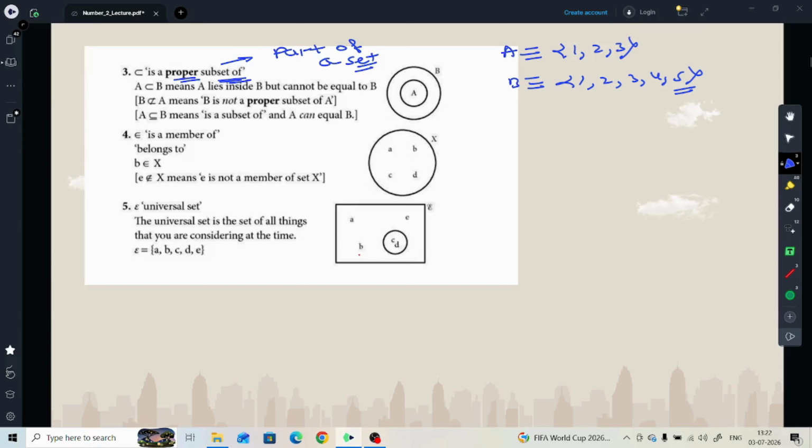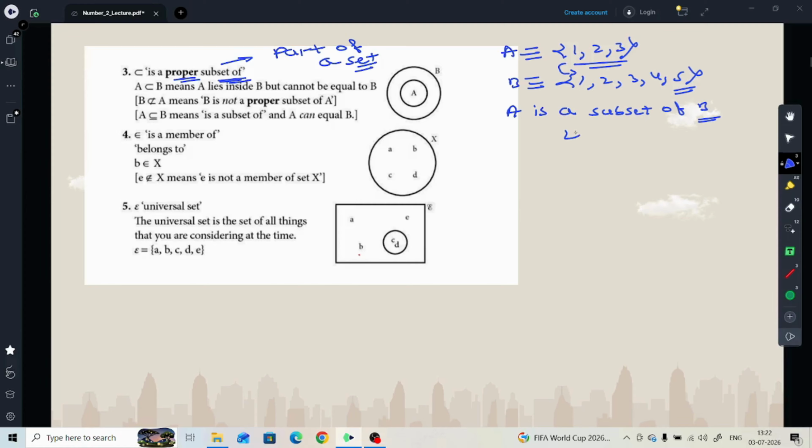In this case you can see that whatever elements are there in A are lying in set B also. So what we can understand from here is that A is a part of B. So in this case we can say that A is a subset of B.